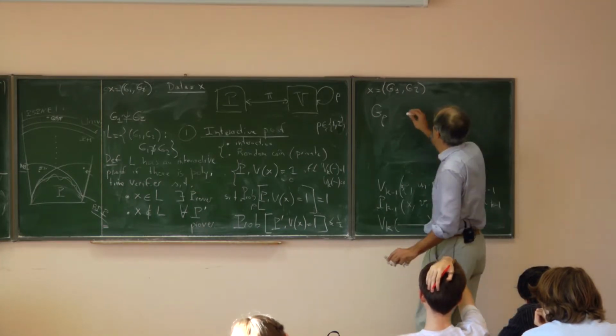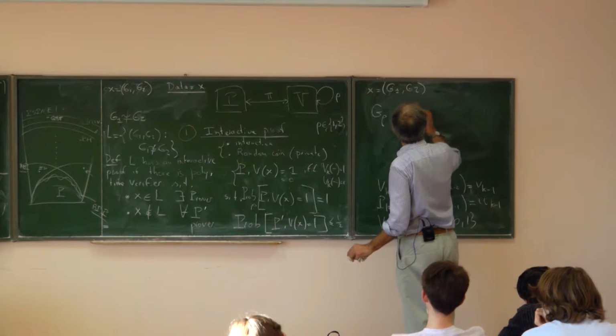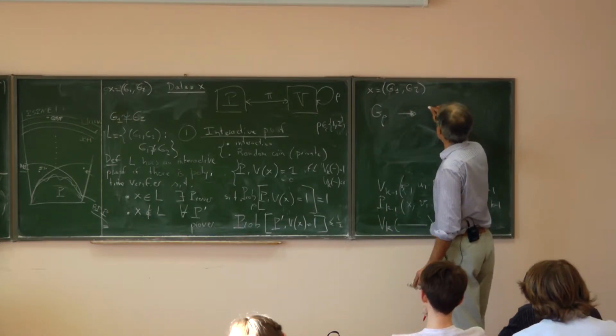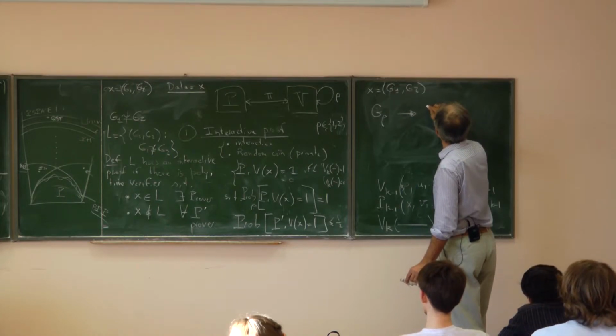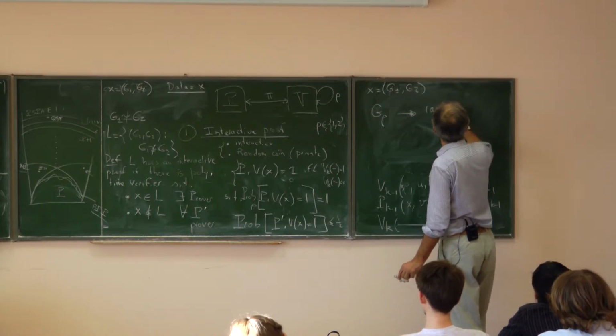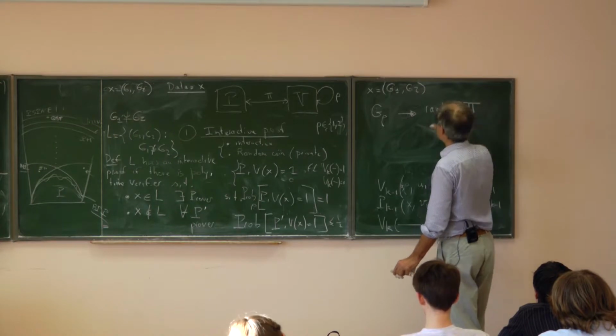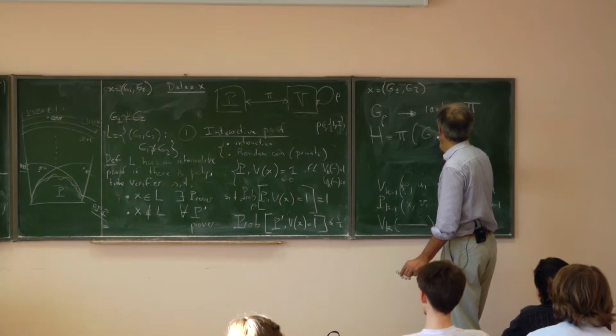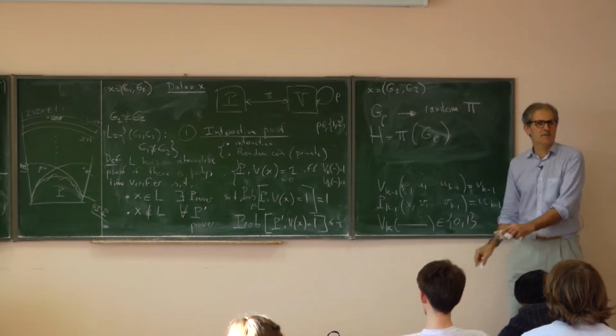Then I make an isomorphic copy of G rho: I generate a random permutation pi and define H as pi of G rho. Does everybody understand what I'm doing?